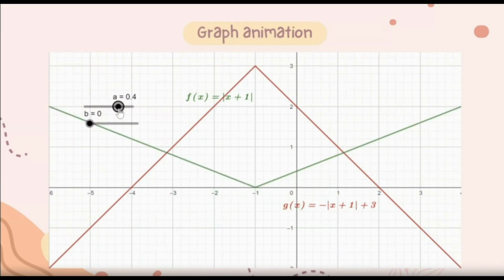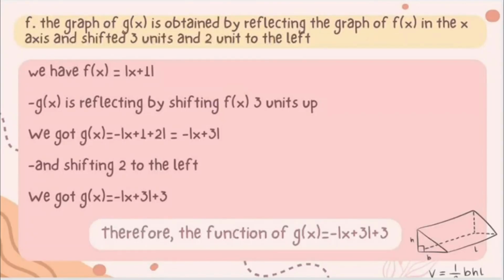So here, the graph of g(x) is obtained by reflecting the graph of f(x) in the x-axis, shifting 3 units up and 2 units to the left. First we have f(x) equal to the absolute value of x plus 1, and then g(x) is reflecting and shifting f(x) 3 units up.